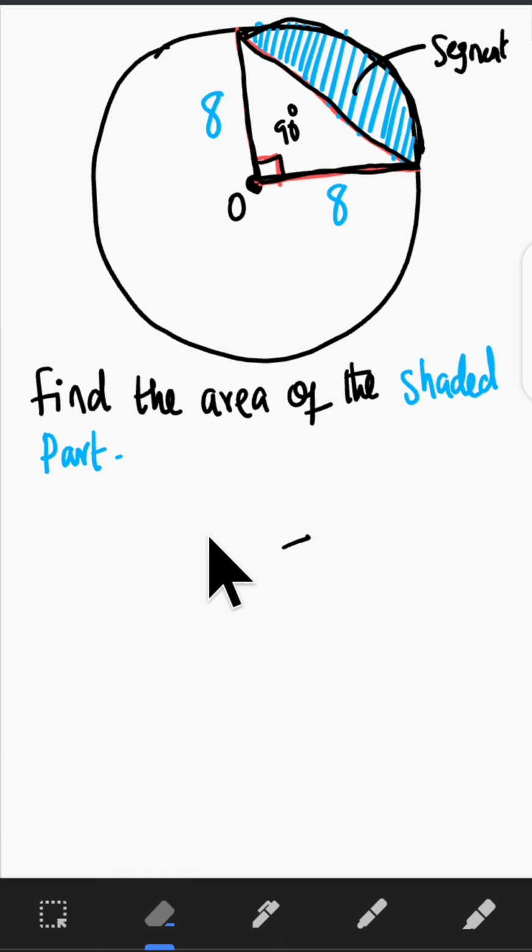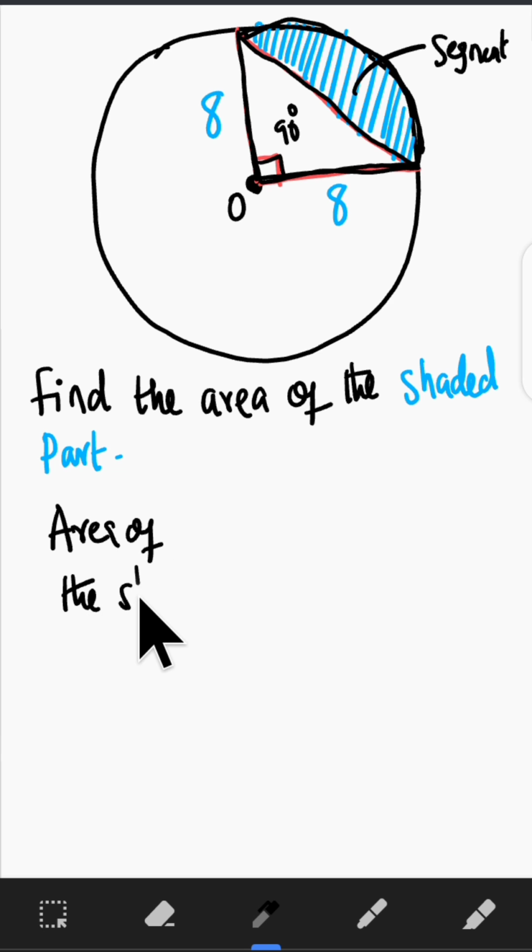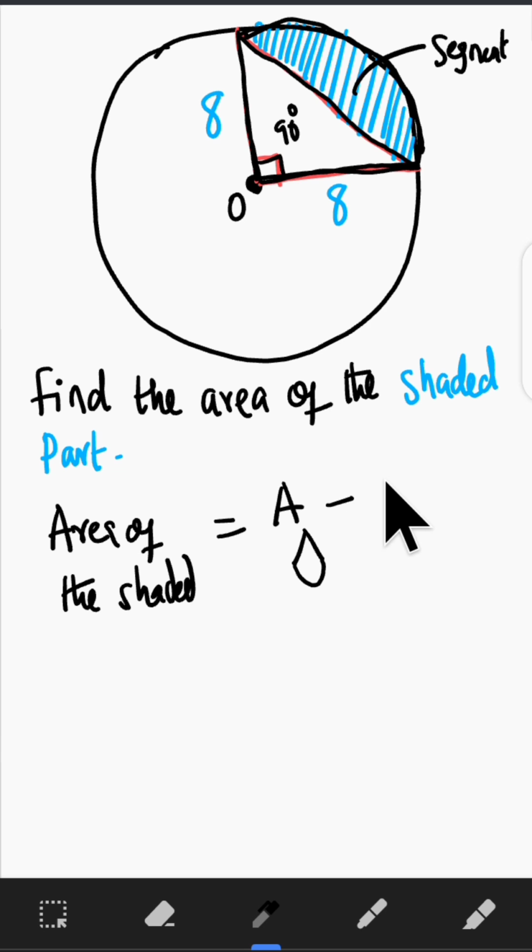Now, what is the area of a sector? First of all, to get the area of the shaded part, it will be equal to the area of the sector minus the area of the triangle.